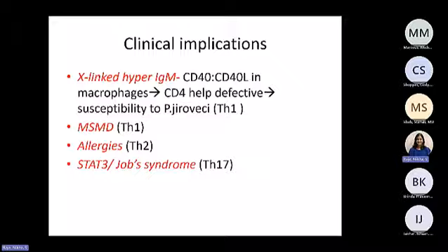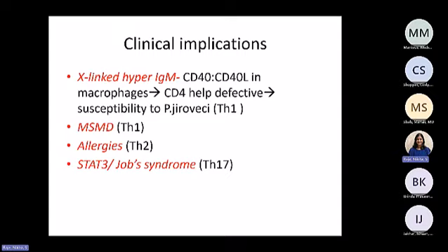If this is defective, there is no class switching, so there is high IgM and not enough G, A, or E, but also the function of macrophages is affected, because of which there is susceptibility to opportunistic infections such as PJP.